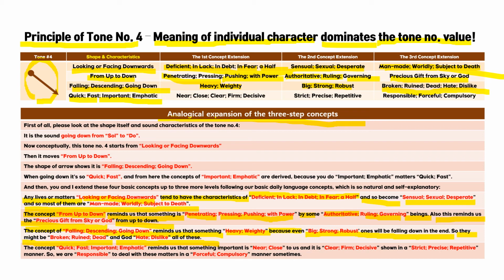And the final concept of the four key concepts, quick, fast, important, emphatic, reminds us that something important is very near, close to us. And that situation is quite clear, firm, and decisive.